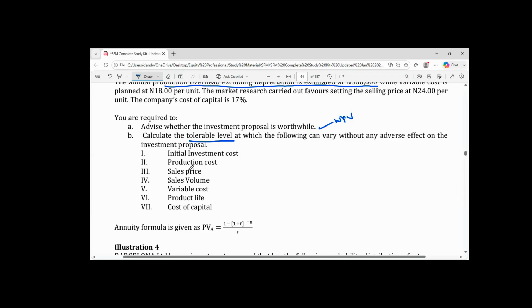It measures how sensitive a project NPV is to variables that make up the project being evaluated. This is sensitivity analysis. So we have about 7 variables in this particular requirement, and let's stop sharing this and move to the working notes. Within the next few minutes, let's finish up and move to the next one.